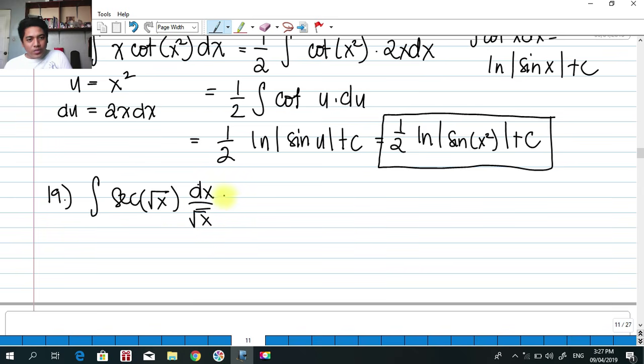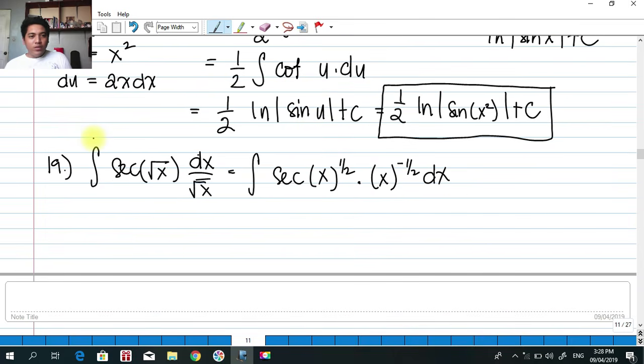If we have encountered square roots, the best thing to do is to always express them in terms of power. So secant of x raised to 1/2, that's square root of x, times x raised to negative 1/2 dx. Again, u substitution.